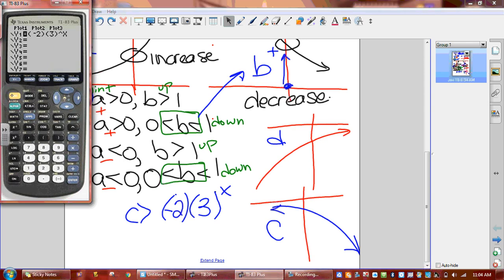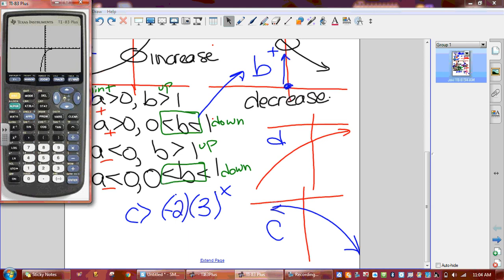So I'm going to insert 0.3, bracket, exponent x. I could go 0.5, anything between 0 and 1. Now I'm going to hit the graph button. Now we see it does what this is. It basically did a reflection of this graph that's going down.